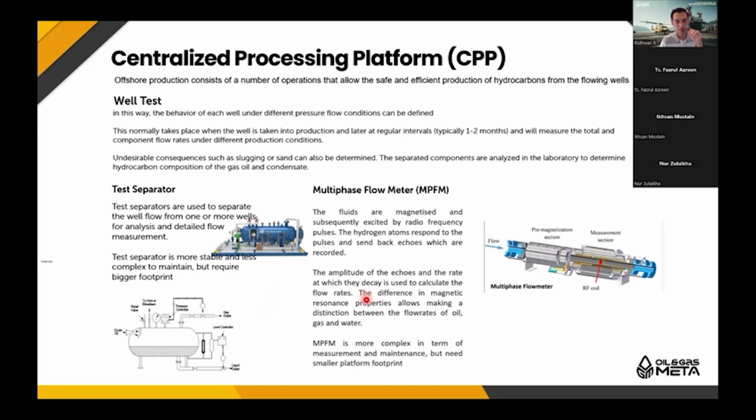So another type of well test is MPFM, multi-phase flow meter. Usually when we talk about MPFM, we relate it to the radioactive MPFM, where the fluid goes into the MPFM, which is like a so-called clamp on the pipe.